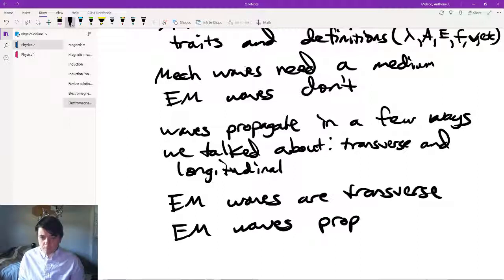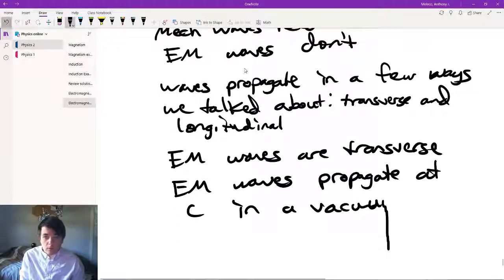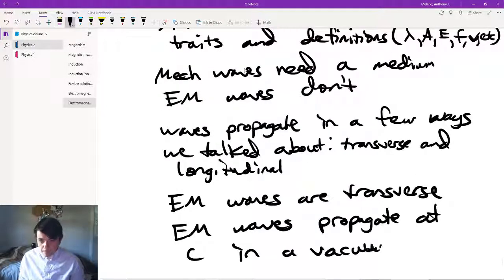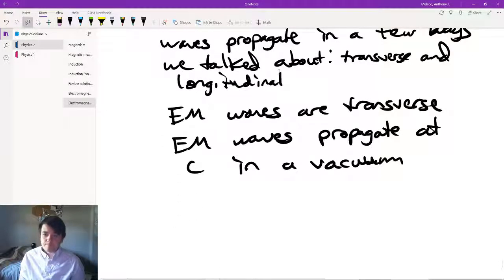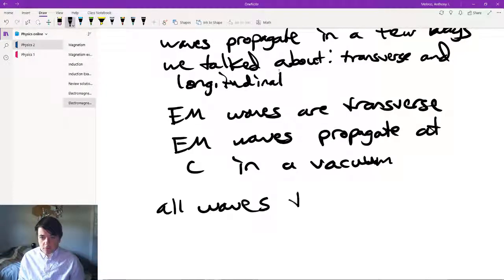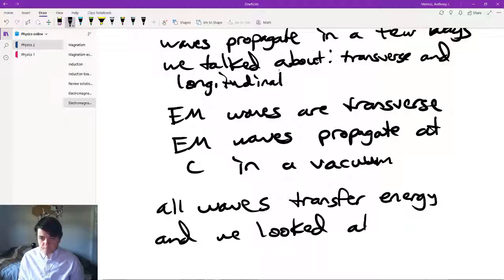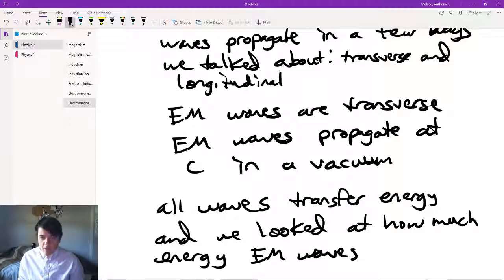EM waves propagate at C in a vacuum. We talked about how all waves transfer energy, and we looked at how much energy EM waves transfer.